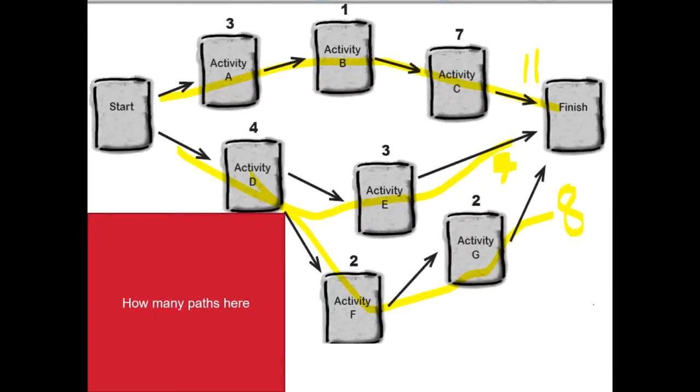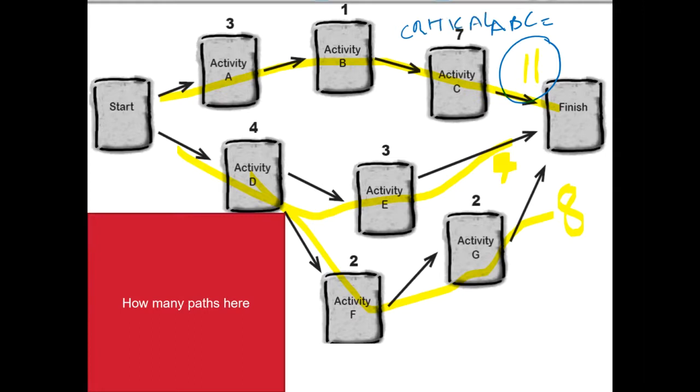So we can see that this is the largest path in our network. Mind you, we are not talking about an individual activity, but a path. So we have a path ABC or path DE or DFG, and the path ABC is the longest path, and this longest path is called a critical path as well.